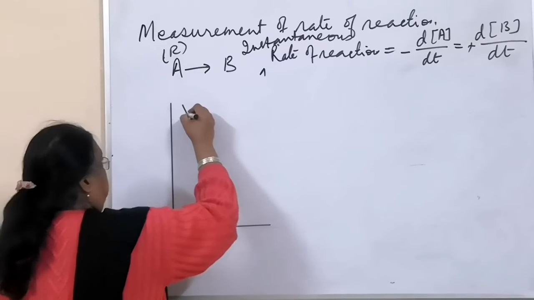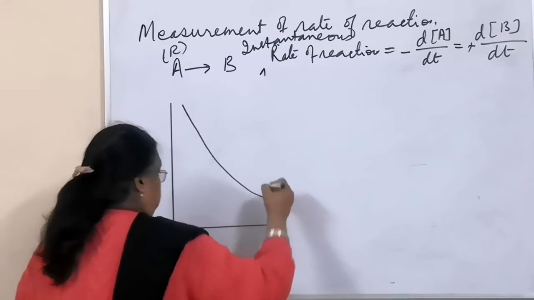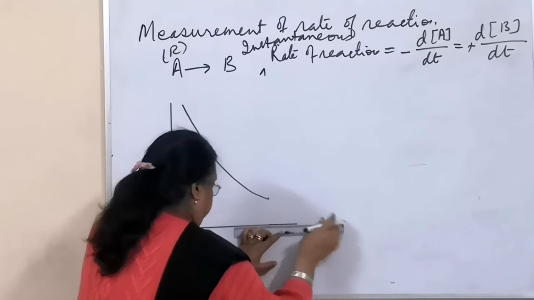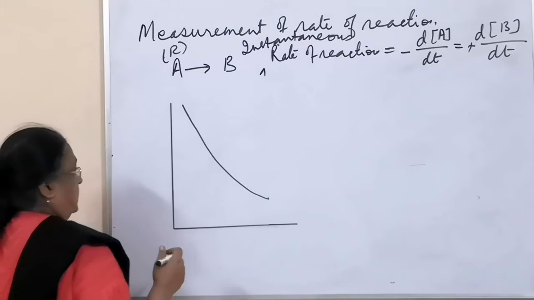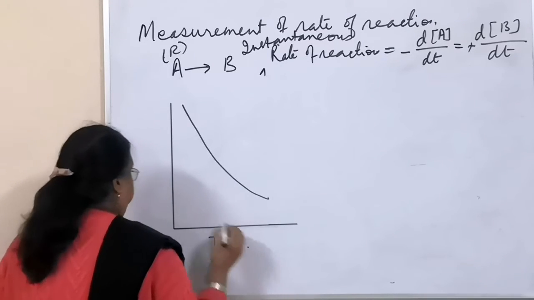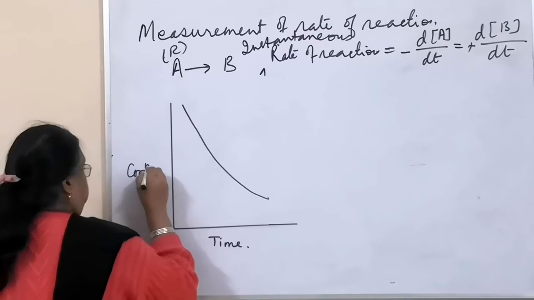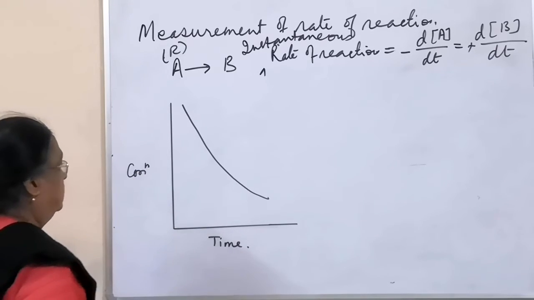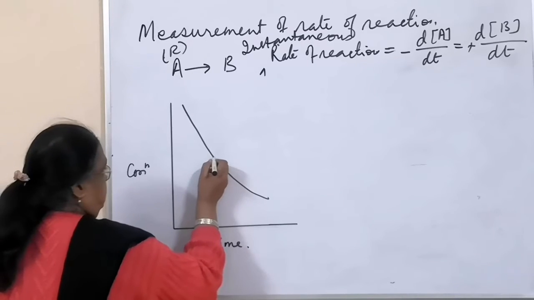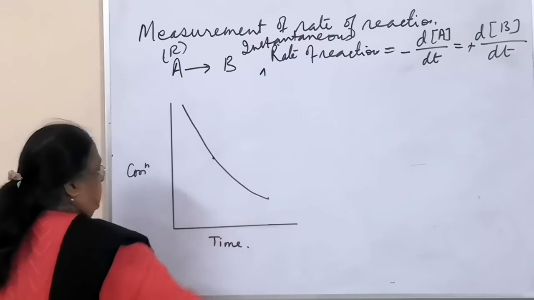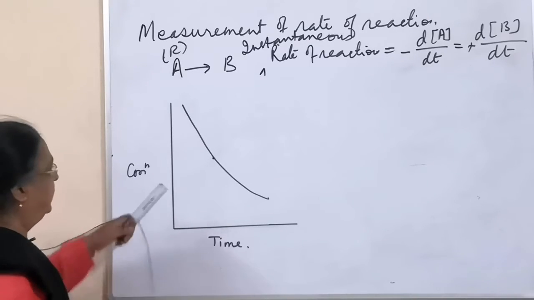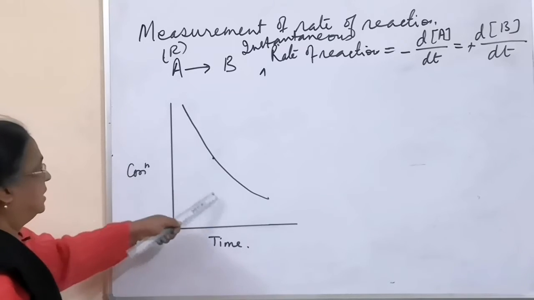in terms of reactant, the same way you can apply to the product as I explained in the previous graph. Here will be time and here will be concentration. We have to find out the rate of the reaction at a very small instant of time. This we can find out if we find the slope of this curve.